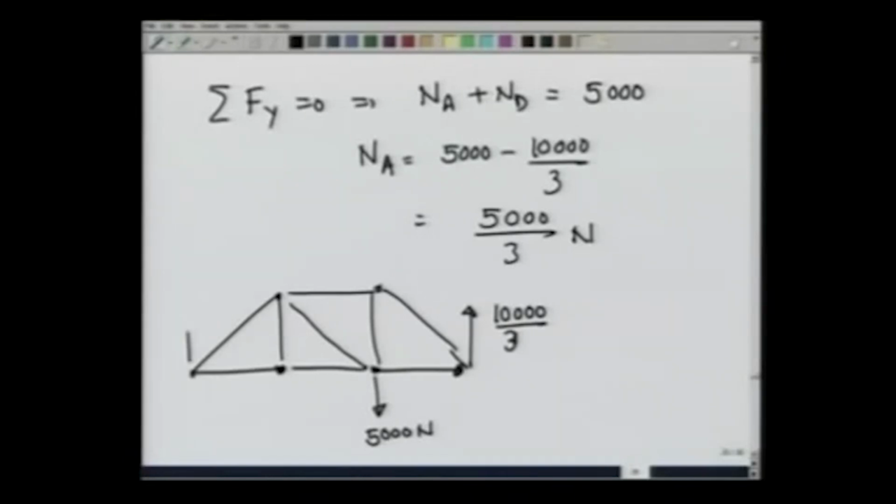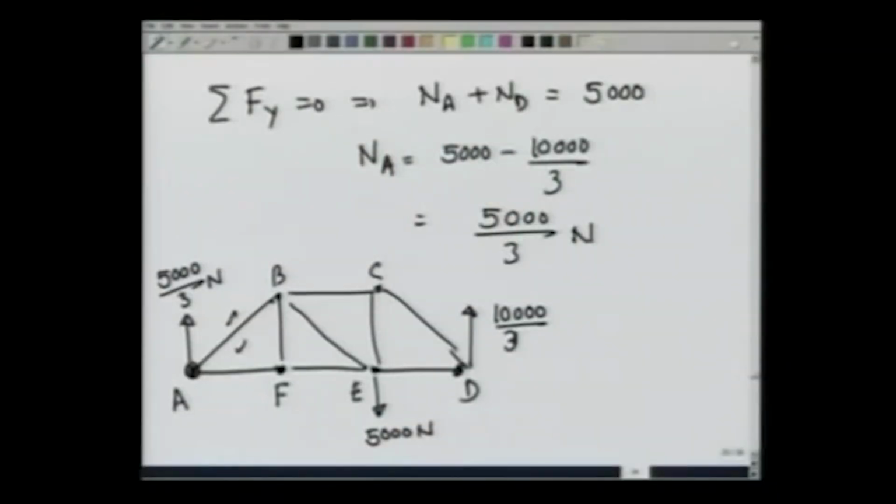There is a force acting upwards here, 5000 over 3, and this is A, B, C, D, E and F. Now, at point A, there are two unknowns, force due to AB member and force due to AF member, and therefore, if I bring this pin in equilibrium, I have two equations, summation Fx equal to 0 and summation Fy equal to 0. I can solve for both the forces. So, let us do that at point A.